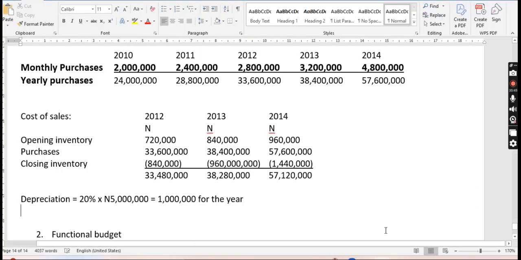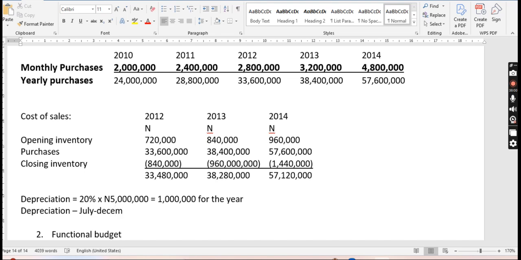So from July to December of that year, $1 million times 6 months divided by 12. What do you have? That's 500,000.